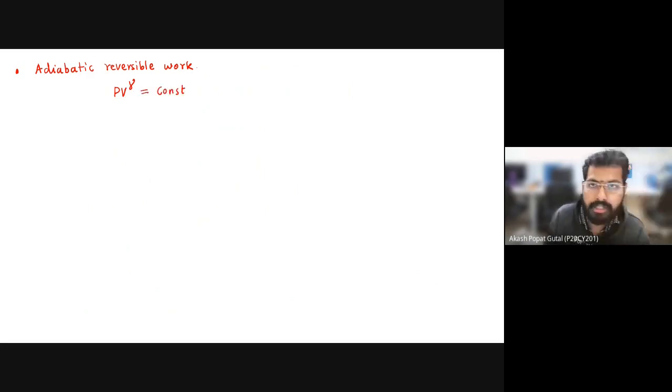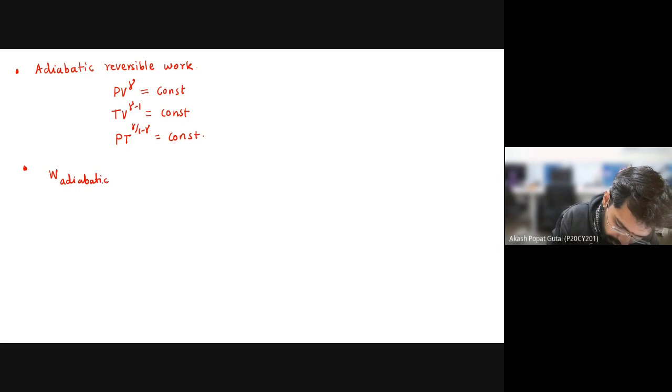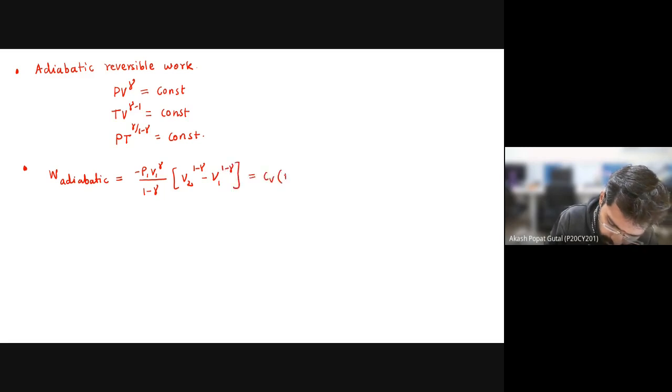This expression can be written in two different ways: in terms of T and V, TV raised to gamma minus 1 is constant, and in terms of P and T, P T raised to gamma upon 1 minus gamma is constant. After that, we found the adiabatic work done, which can be given as minus P1 raised to gamma into V2 raised to 1 minus gamma minus V1 raised to 1 minus gamma, divided by 1 minus gamma, is equal to Cv into T2 minus T1.